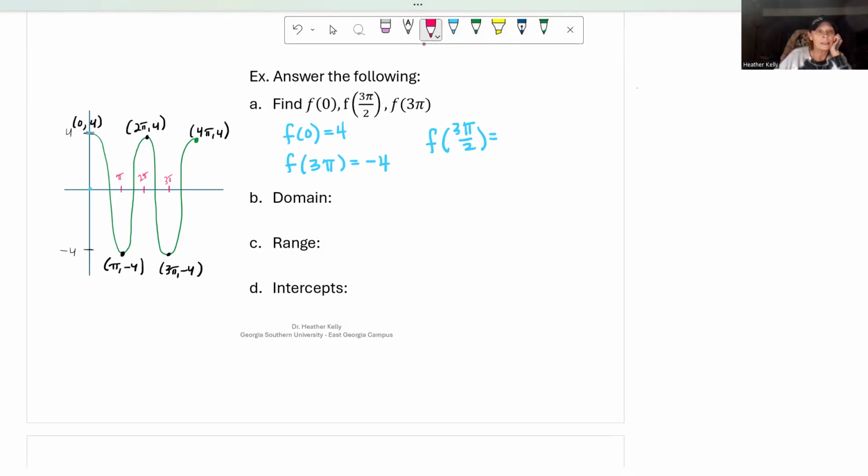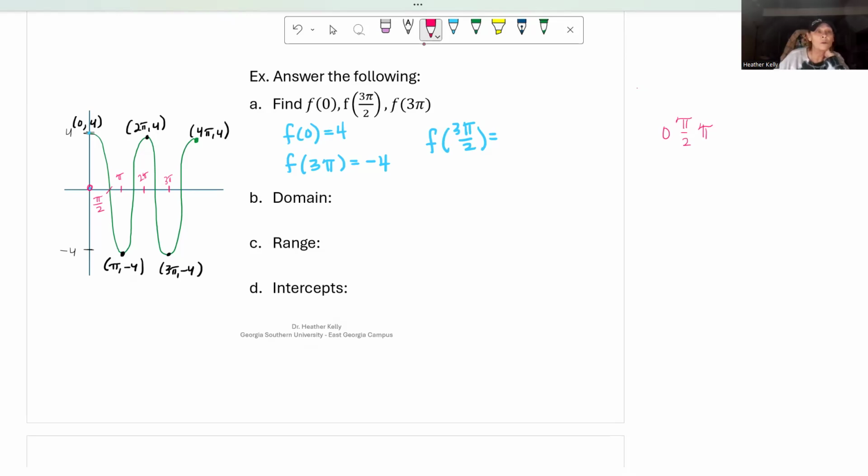But if this is 0 and this is pi, then that makes this pi over 2, or 1/2 pi, right? Because between 0 and 1 is 1/2. So between 0 and pi is 1 pi half.